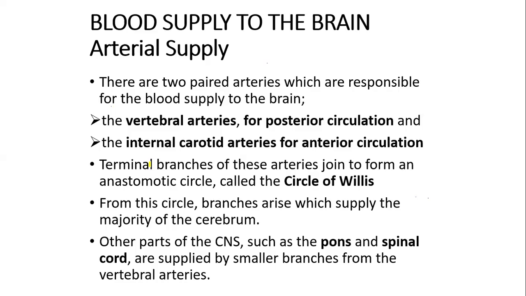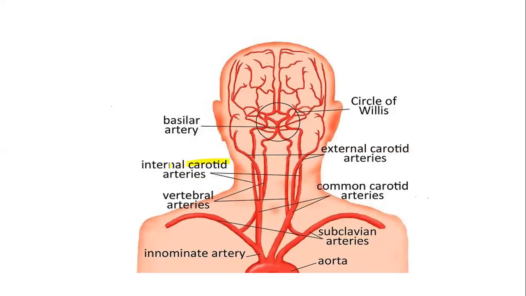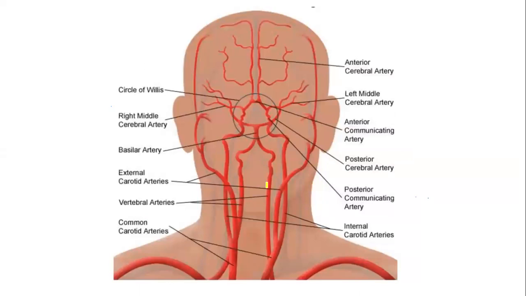Blood is supplied to the brain through the vertebral arteries and the internal carotid arteries from the anterior circulation. These internal carotid arteries are found on the anterior of the neck. And that is the circle of Willis.